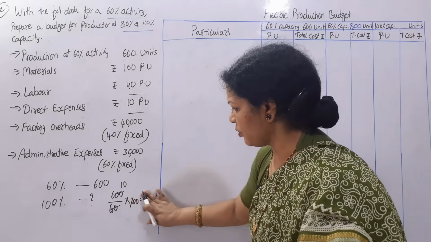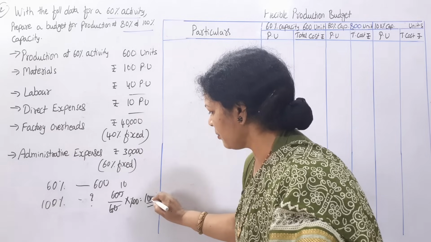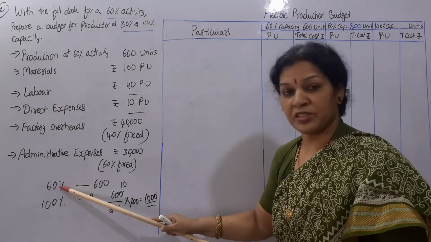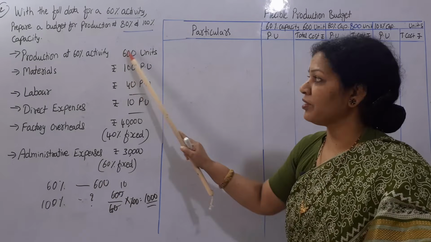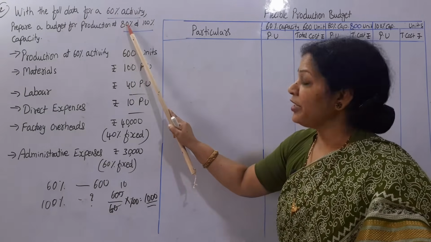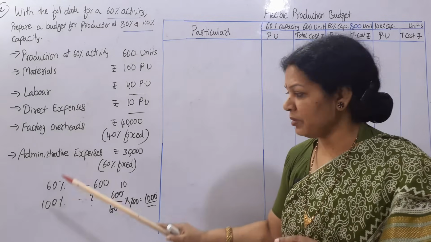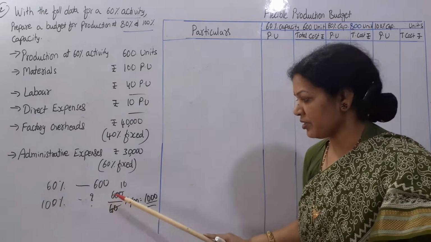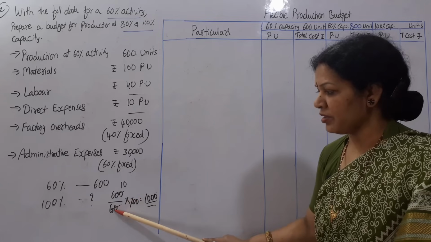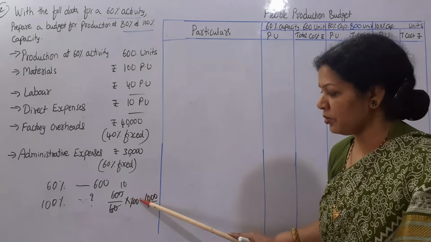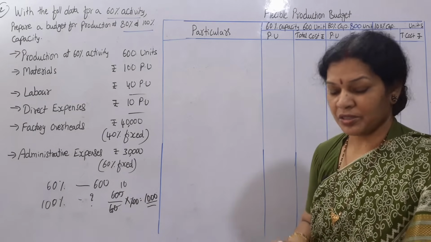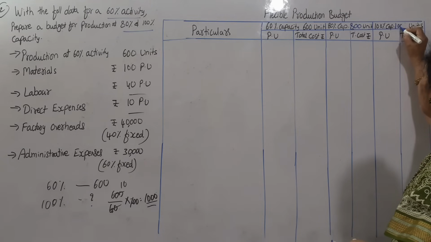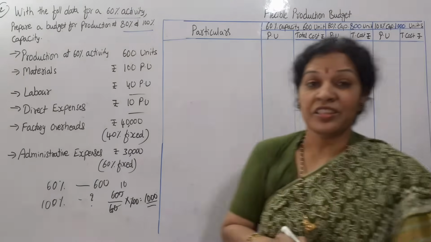The calculation is the same: 600 by 60 into 100. 600 by 60 is 10, and 10 into 100 is 1000. Am I clear? 60% is 600 as given, 80% is 800, and 100% is 1000 units. Here we write 100% capacity, 1000 units. Like this you have to calculate.